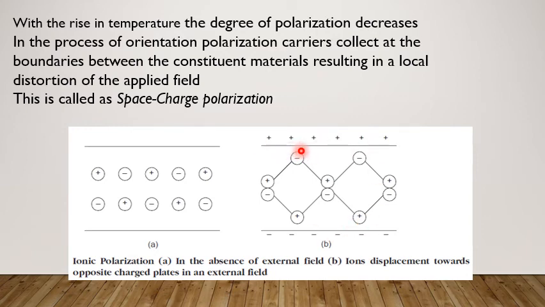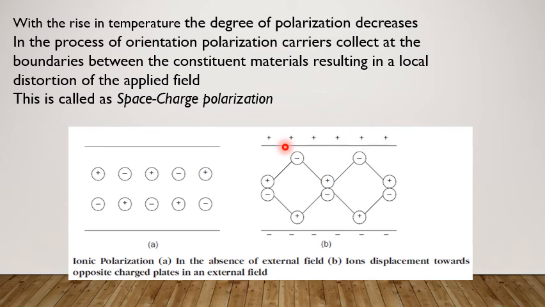So the negative poles will collect at this boundary and the positive poles at this boundary, resulting in local distortion of the applied field. Due to attraction between positive and negative, a distortion of the electric field will take place.